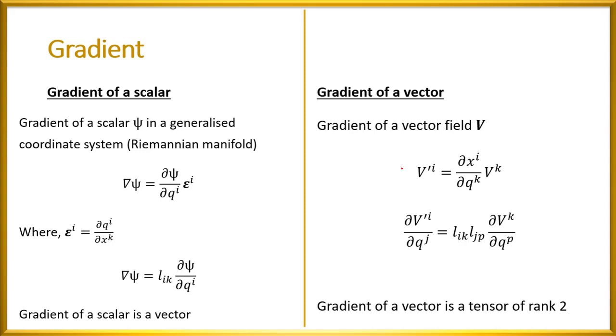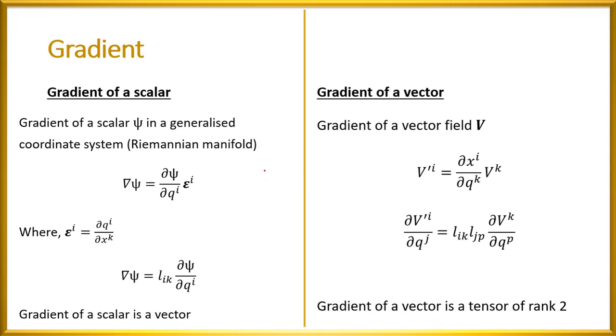Now we have to learn how these things are related in our tensor analysis, in the basis of tensors, what we have learned so far. A gradient of a scalar, we know, will produce a vector.